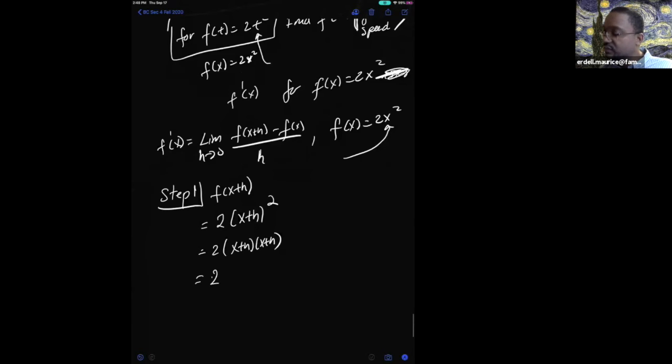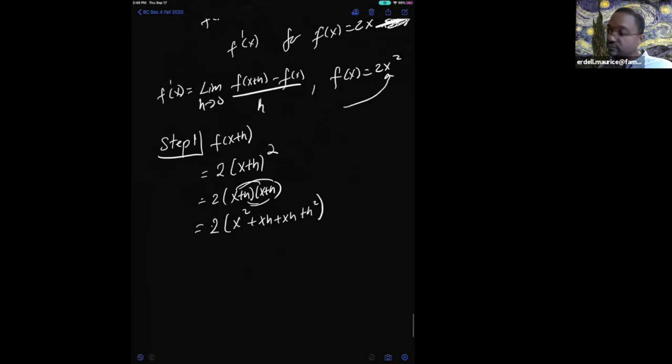That's going to be 2 times x squared plus xh plus xh plus h squared. When I add these together, that's 2 times x squared plus 2xh plus h squared. And then I distribute the 2.